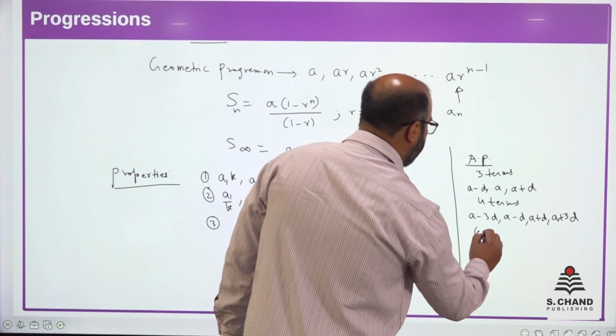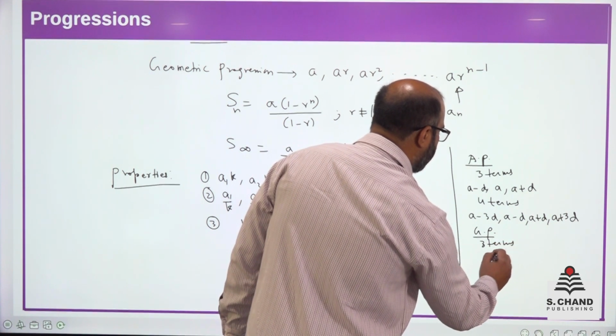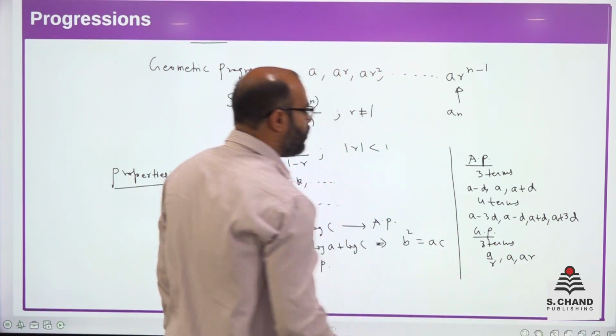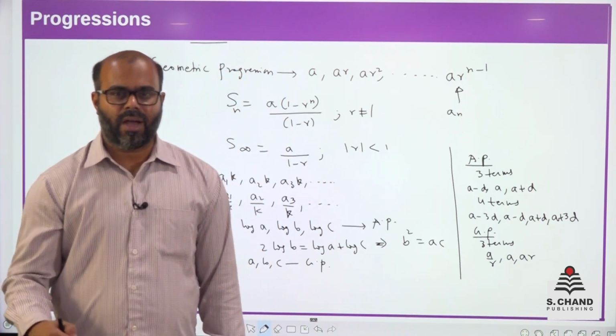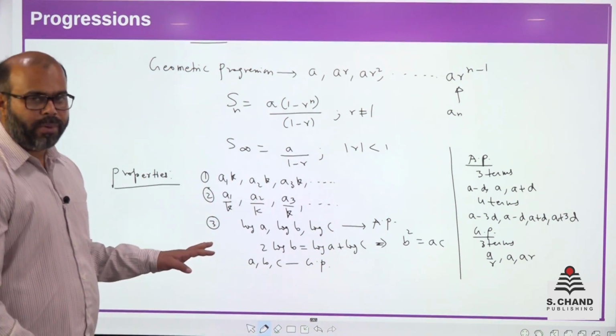If in GP we have 3 terms, we generally take them as A by R, A, AR. Similarly, if 4 terms are there, we take A by R cube, A by R, AR, AR cube. So, these are the properties.